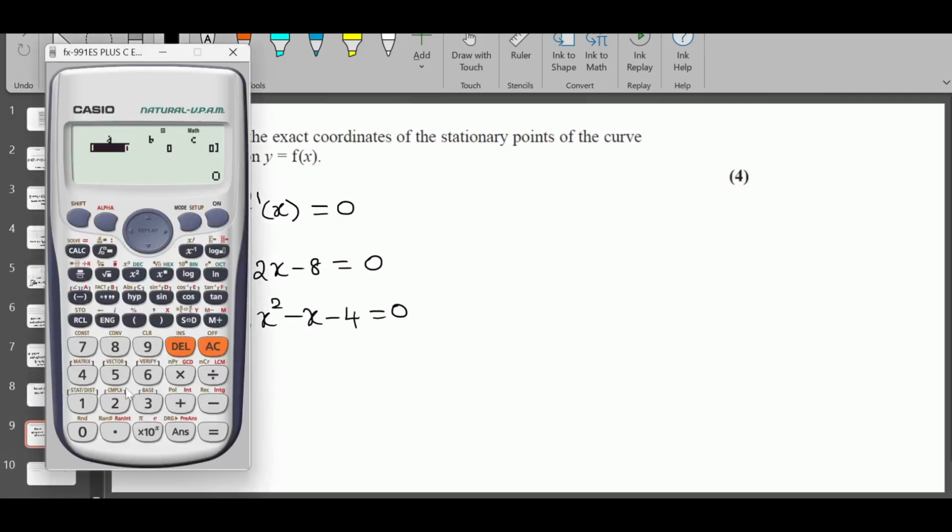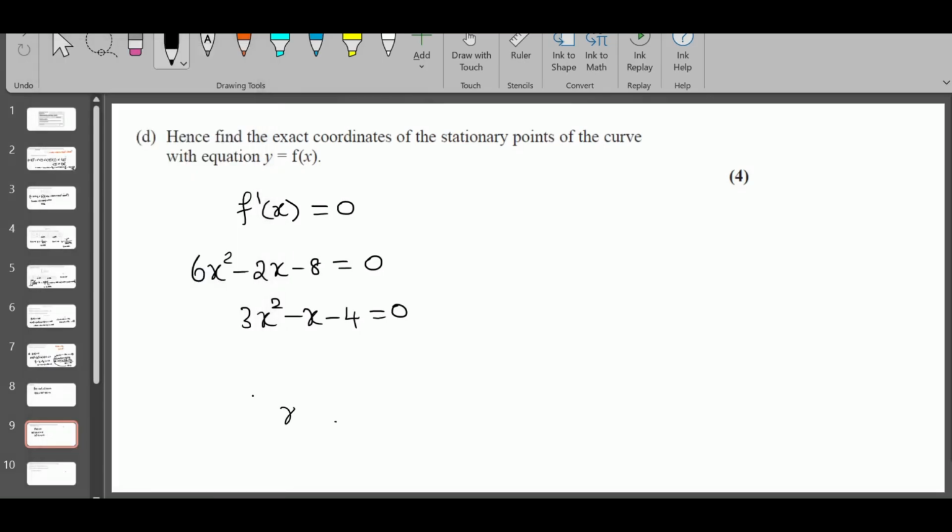Go to quadratic, 3, minus 1, minus 4. You can write it as 3x minus 4 times x plus 1.